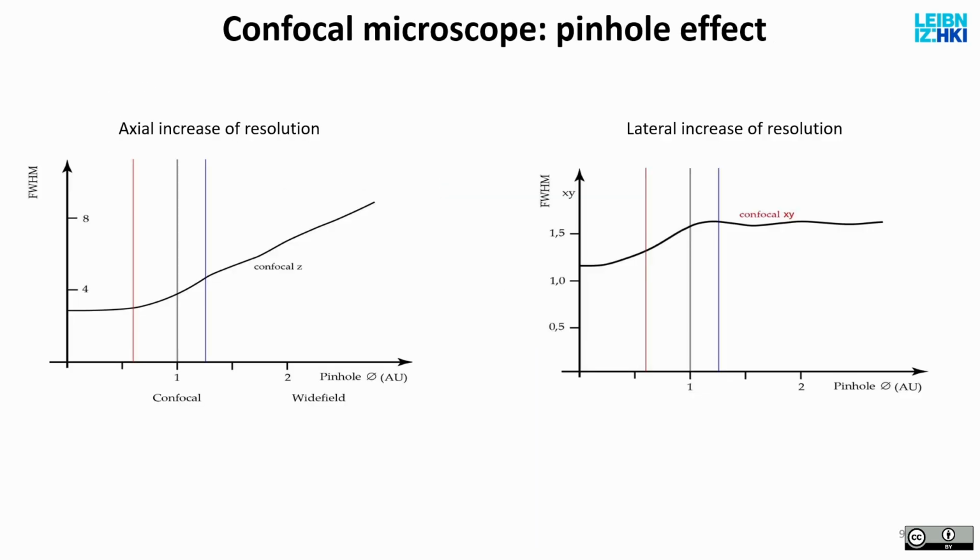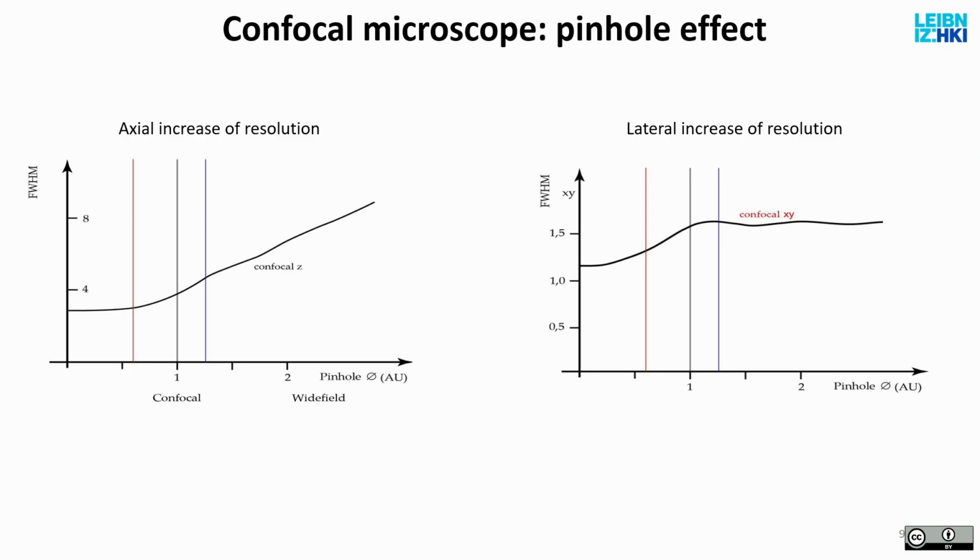What I was really looking for as an answer, and I got it from one or two colleagues, was that the optimal size of the pinhole from the point of view of resolution, which is the question, is 0. The practical optimal is 1 Airy unit, but the theoretical one, from the point of view of resolution, is 0.